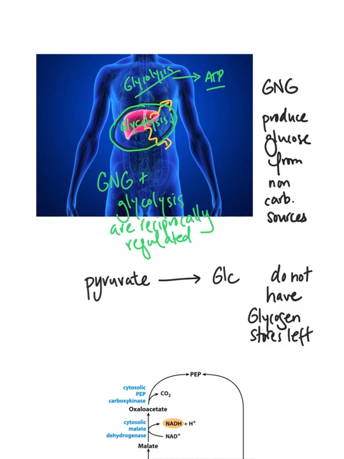How gluconeogenesis is related to glycolysis is that gluconeogenesis is creating sugar for glycolysis to occur in extrahepatic tissues.